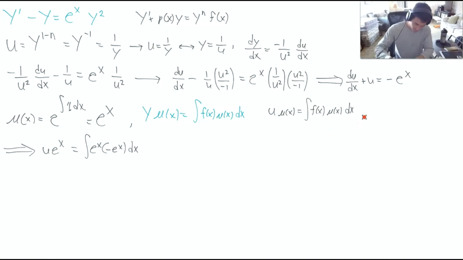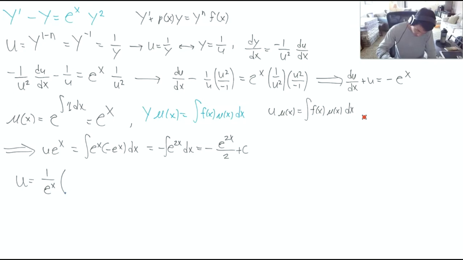Okay, so then we get the integral of negative e to the 2x dx, which is equal to e to the 2x divided by 2 plus c. Then u is equal to what? We want u by itself, so we divide everything by e to the x.